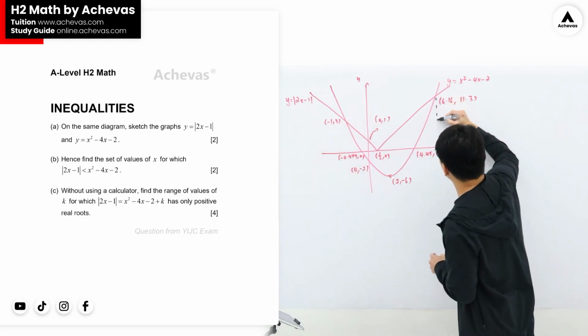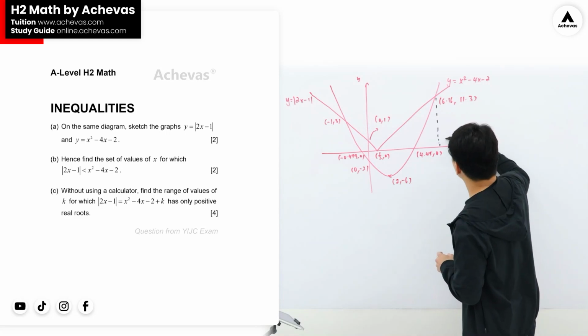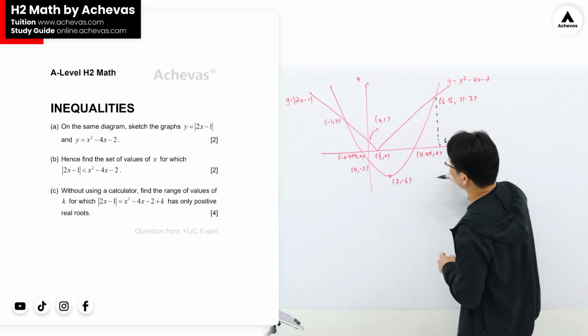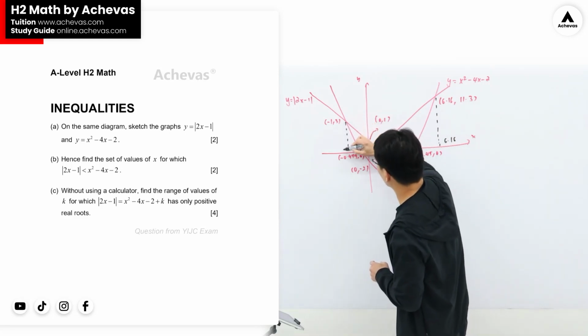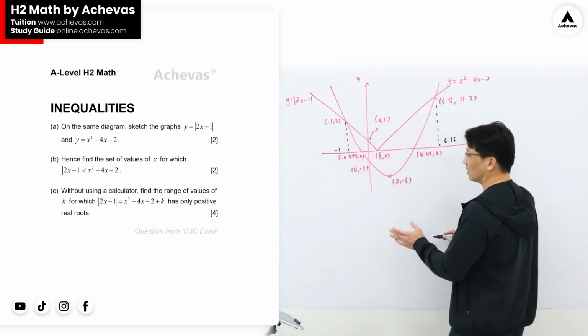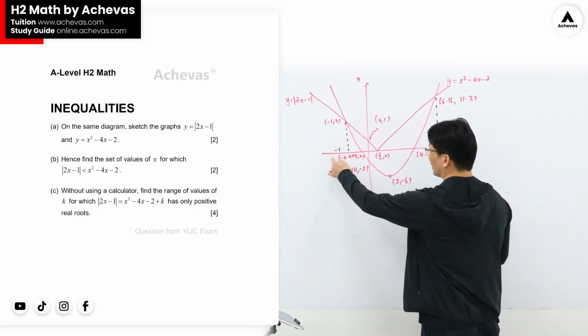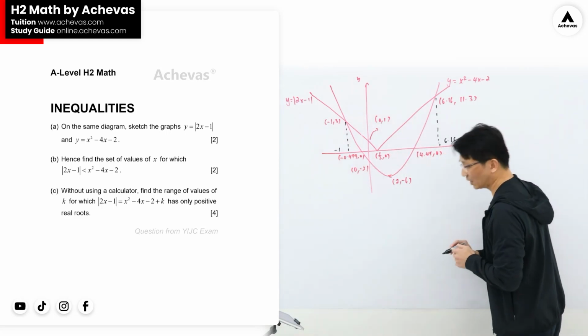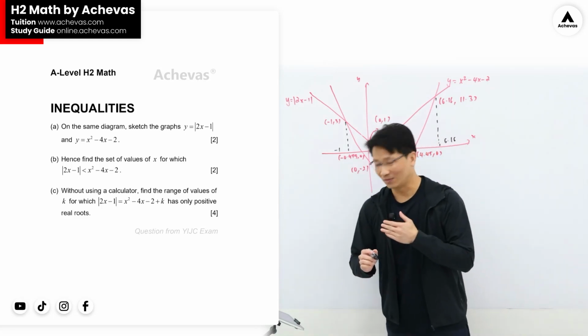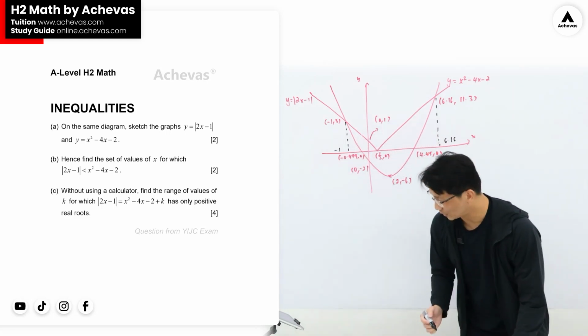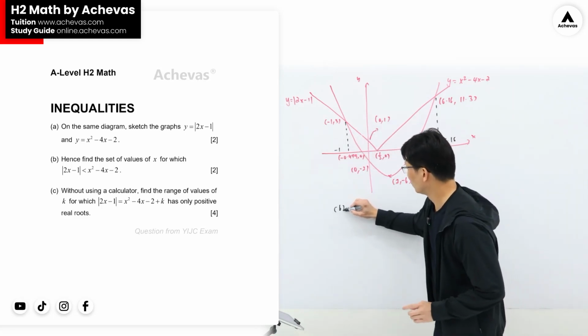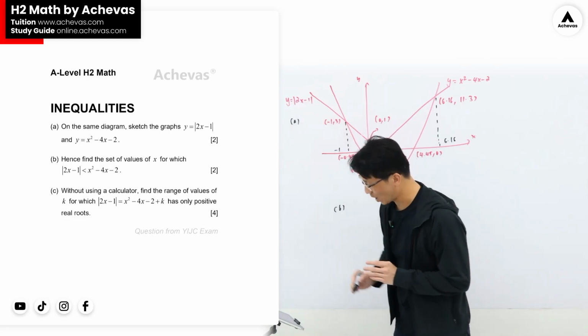Let me just mark down the intersection point, 6.16, and this point will be -2. So as long as x is lesser than -1 or greater than 6.16, the line will be lesser than the graph. I'm going to present the answer in our set notation form, since this is required by the question.